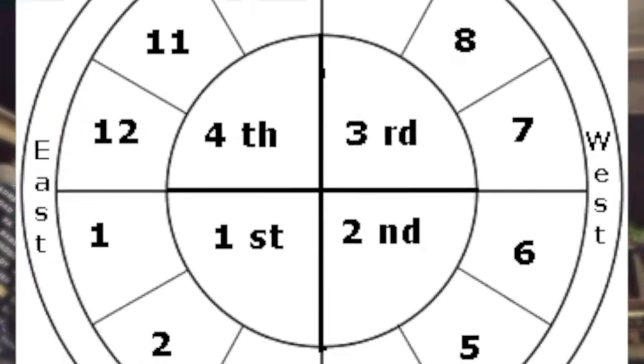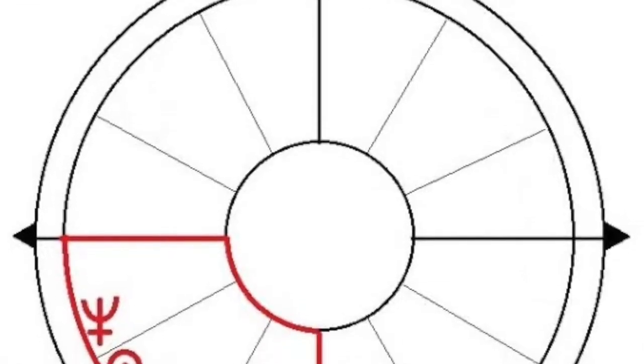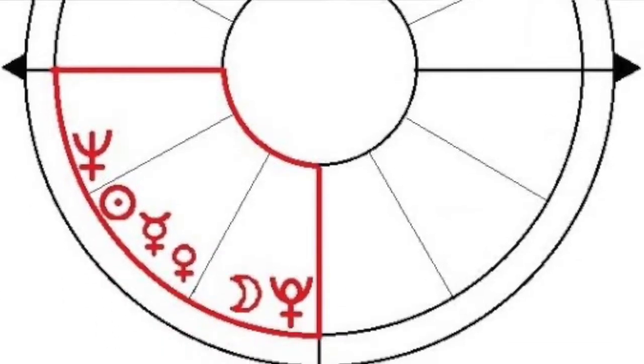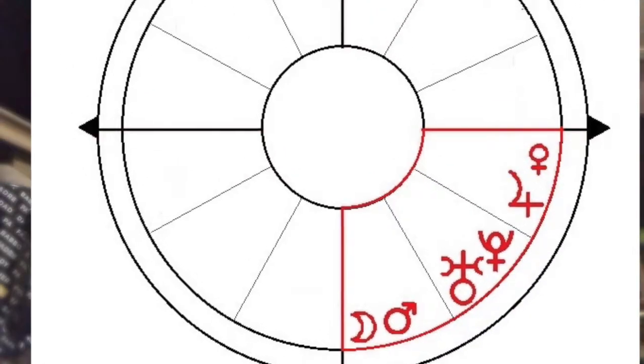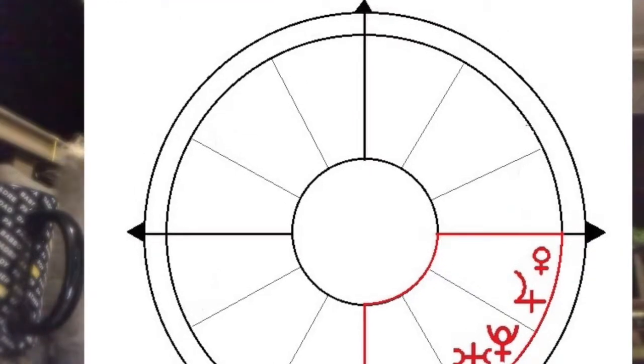So do you have a lot of planets in the first house to the third house? If you do, this lifetime is about self-development. If you have a lot of planets in between the 4th house and the 6th house, or the DC basically, in between that angle there, it's about self-expression, and that's what is expected of you in this life.